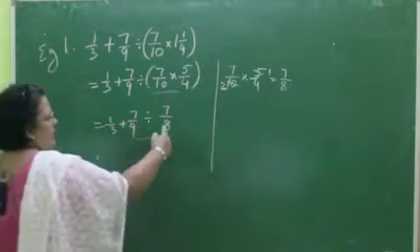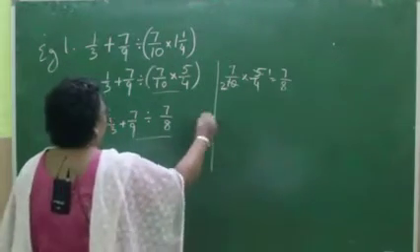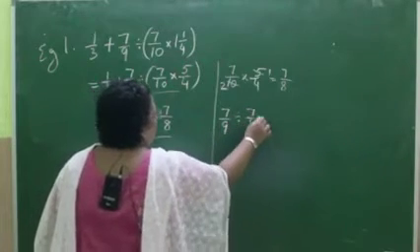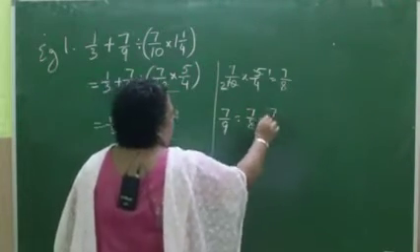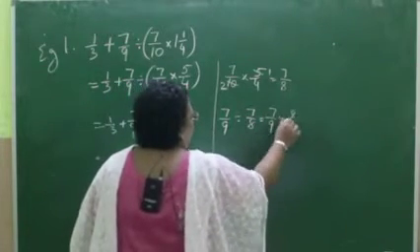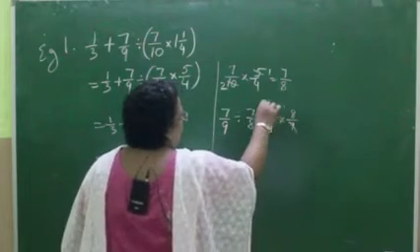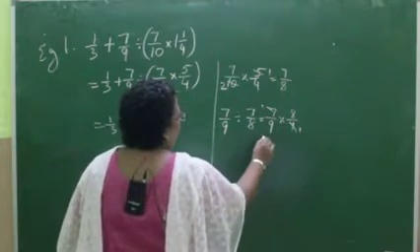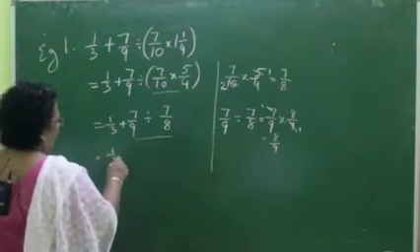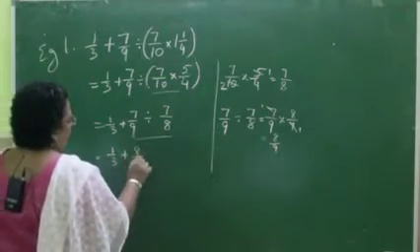So, I am just writing the division straight in this one line. 7 by 9 divided by 7 by 8. How will you write it? 7 by 9 multiplied by the reciprocal of 7 by 8, which is 8 by 7. So, the 7s will cancel. So, you are getting 8 by 9. So, I will write it here: 1 by 3 plus 8 by 9.